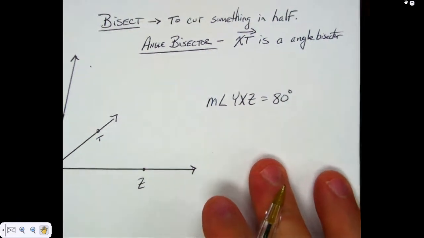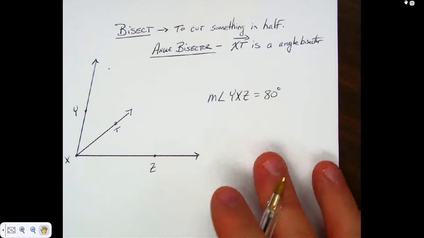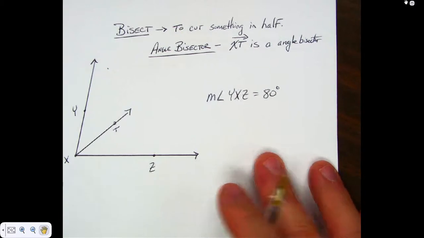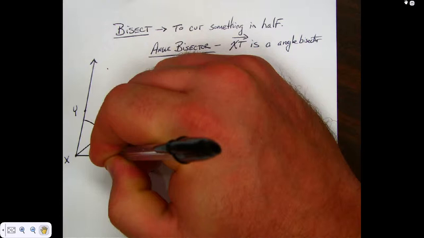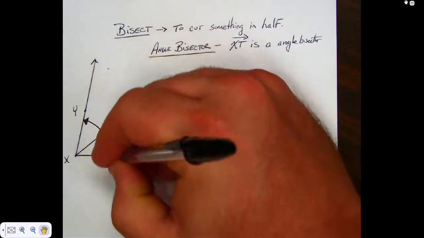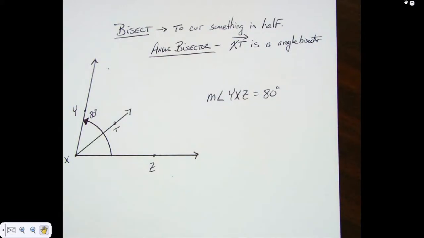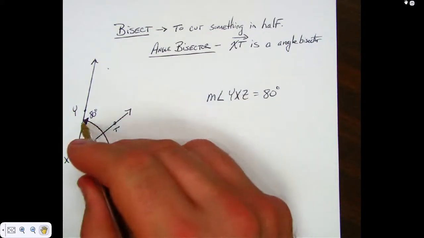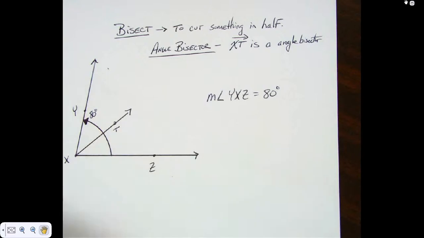That it does what? It cuts it in half. Once again, I'm going to go like this. It always helped me. If you don't like doing this, I understand. But I'd always say from there to there is, and then above it I'd write 80 degrees, because it's hard to label what that whole angle is, because there's an angle inside of it, right? Does everyone agree?